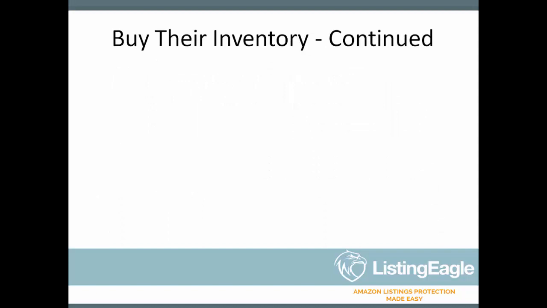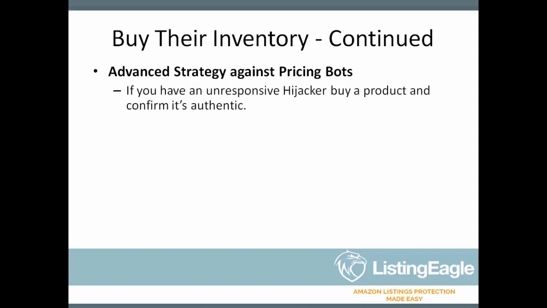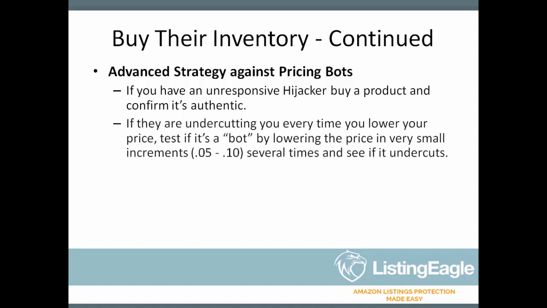So, the advanced strategy against pricing bots. And I do have to put out a disclaimer: please use this at your own risk. If you have an unresponsive hijacker, buy a product and confirm it's authentic.